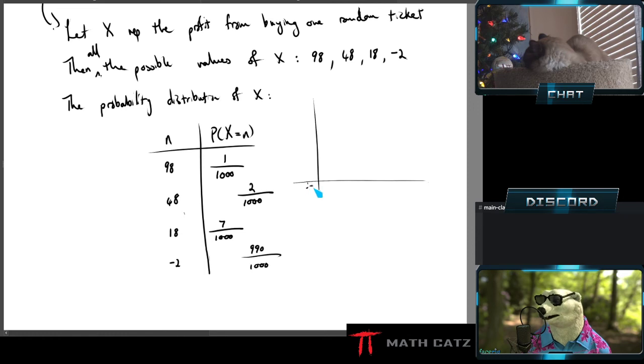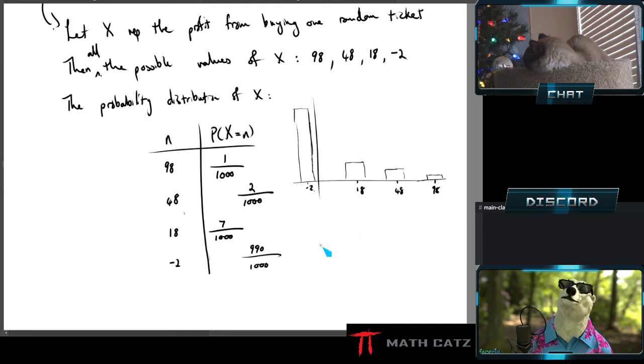I'm going to have to put -2 over here, and then they're all sitting, maybe 18 is over there, 48, and 98. So I have a very teeny tiny, I'll just do little bars like this, very teeny tiny 98, and a slightly higher 48, and a slightly higher 18, and then boom, very likely in comparison, -2. Still doesn't quite capture something that I can quickly use to analyze this situation.